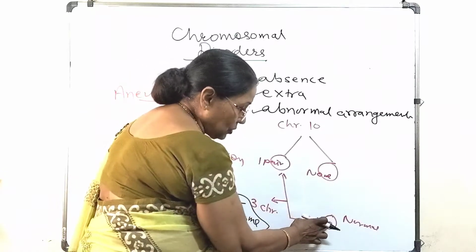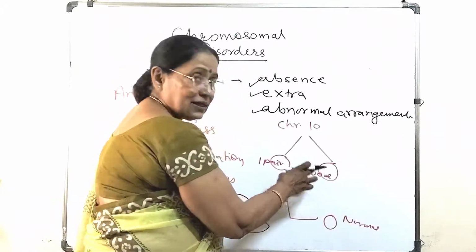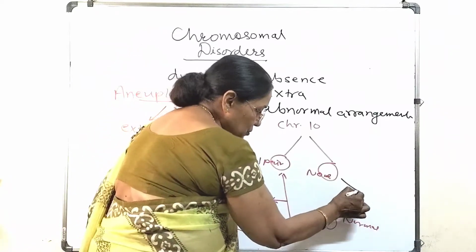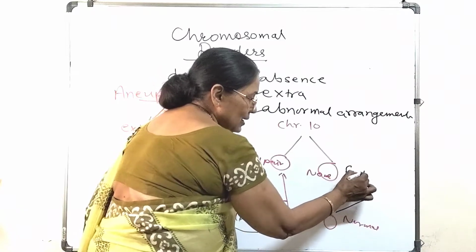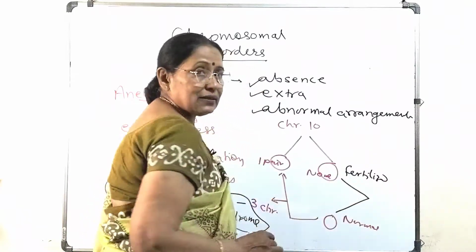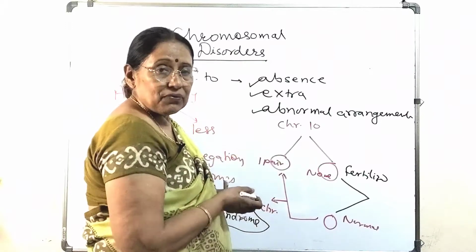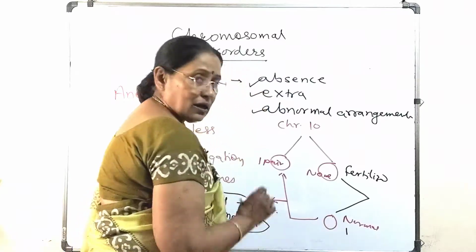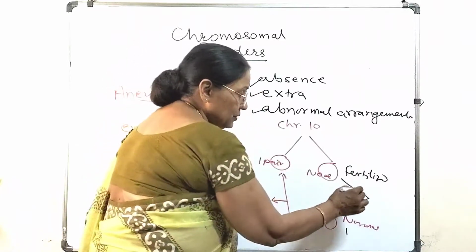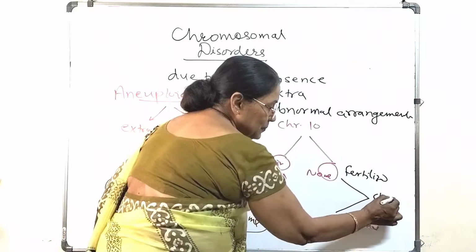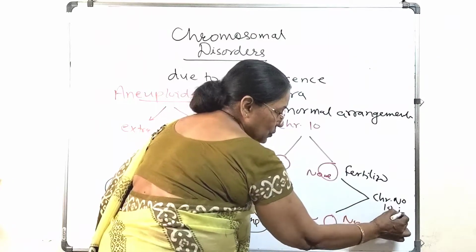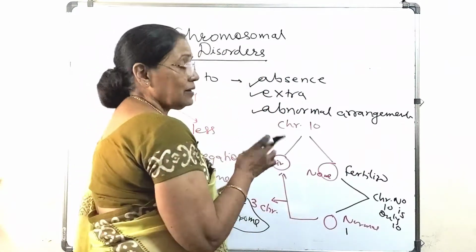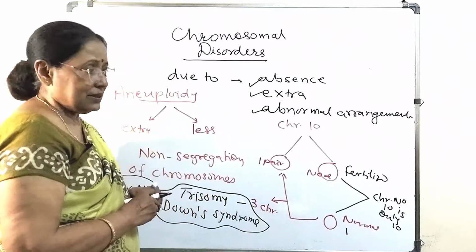Now see what happens in monosomy. If a normal gamete fertilizes a gamete having not a single chromosome number 10, then the individual formed from the zygote will have only one chromosome number 10, whereas other chromosomes are in pairs.